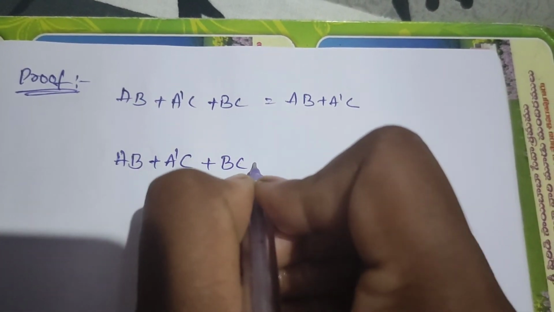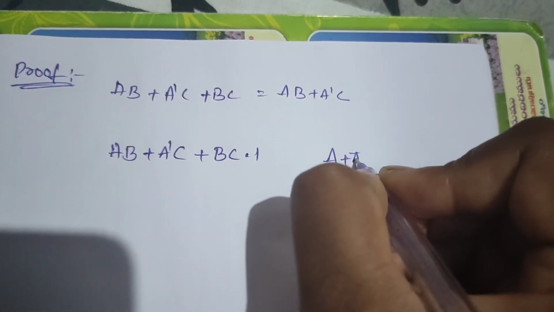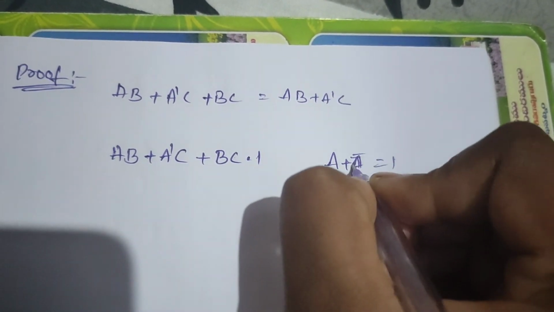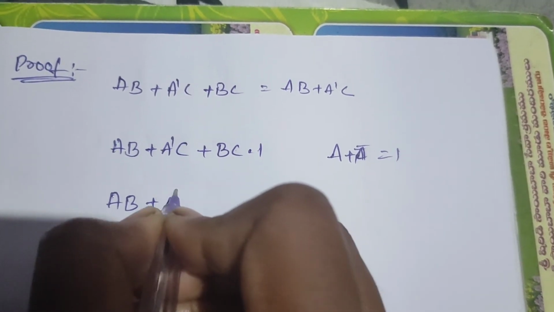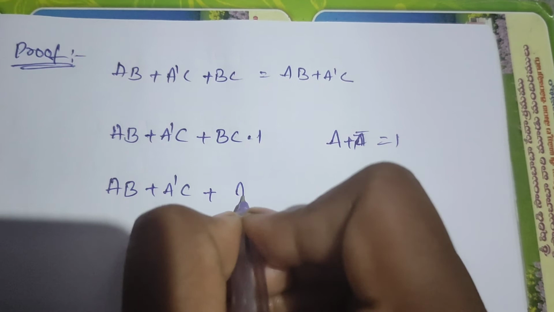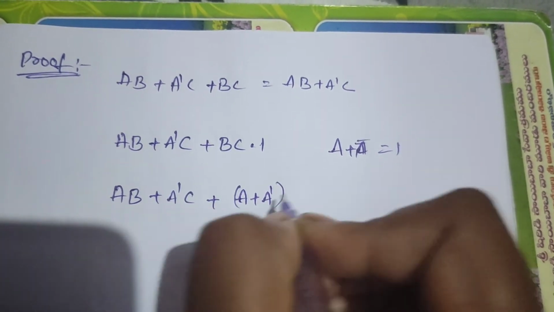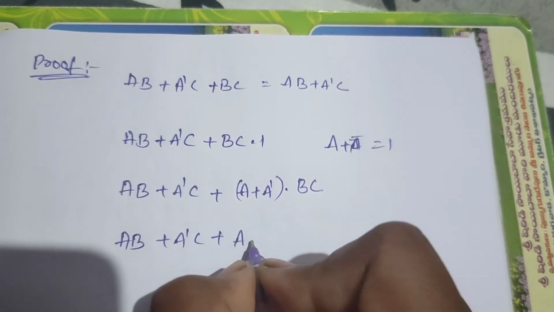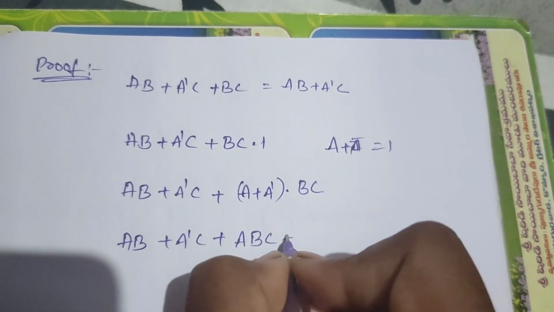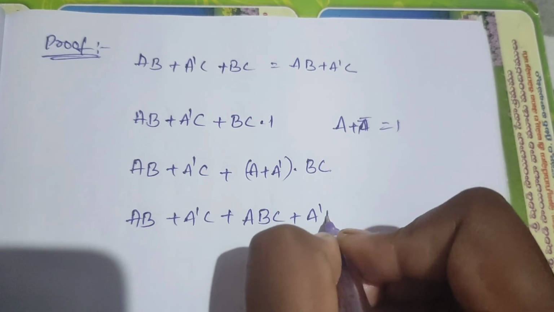So BC is multiplied with 1, where A plus A complement is equal to 1. AB plus A bar C plus BC multiplied with (A plus A bar), ABC plus A bar BC.